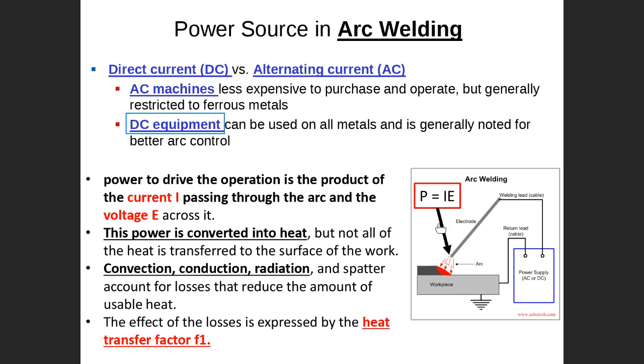So this is the power. Power means what? Joule per second, meaning heat rate. Then the heat rate generated at the source, listen carefully, is IE.